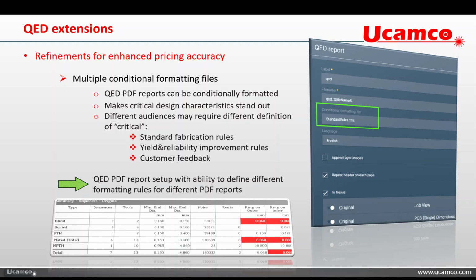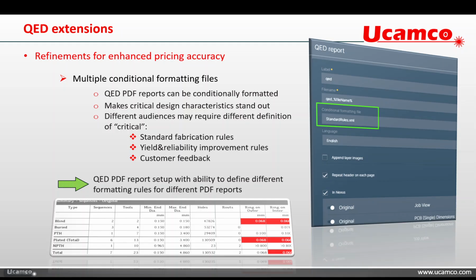They might need more information, but also the rules used for making cells red could be different from what you would use for your customer, if you do anything in terms of conditional formatting for your customer at all.